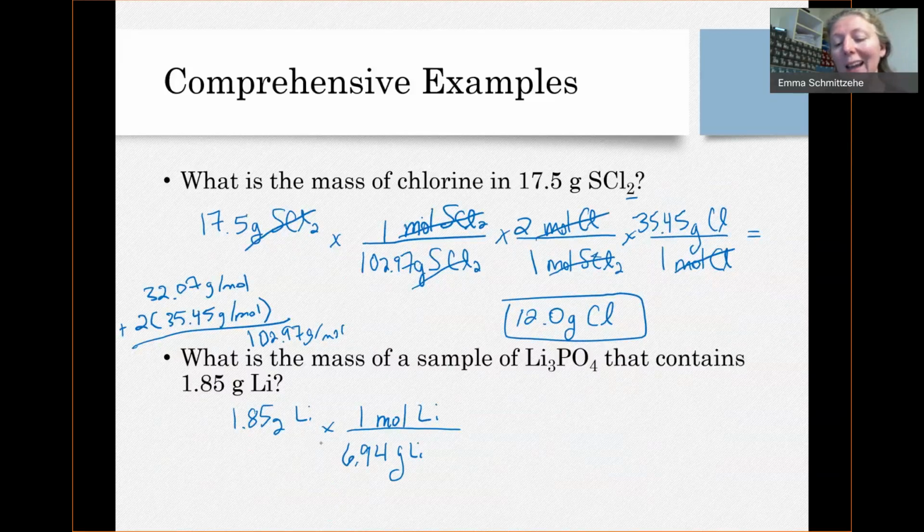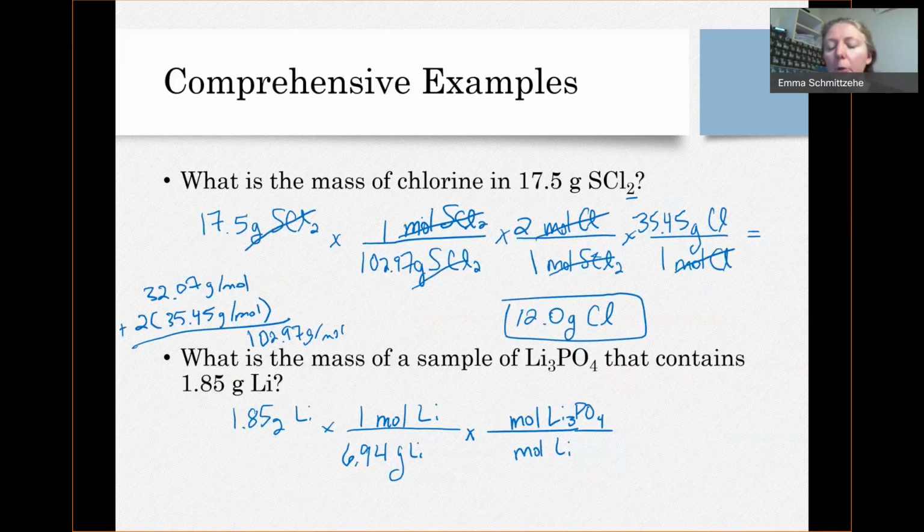Okay? And then I'm going to convert between moles of lithium and moles of the substance I'm looking for simply by using the chemical formula. So you can jump between the compound and any piece in that compound just using the chemical formula, and you can make a mole-to-mole ratio out of that.